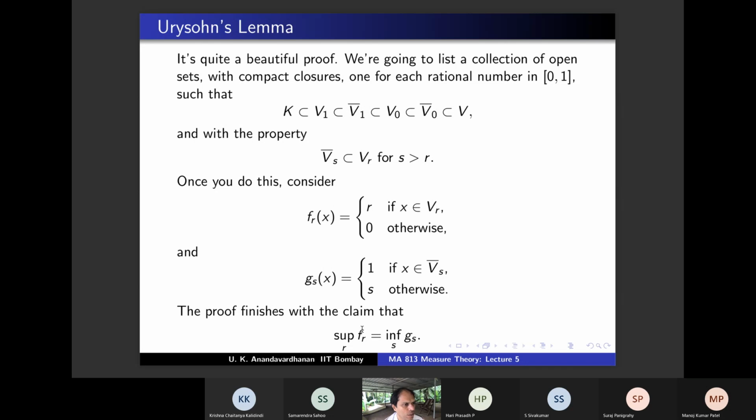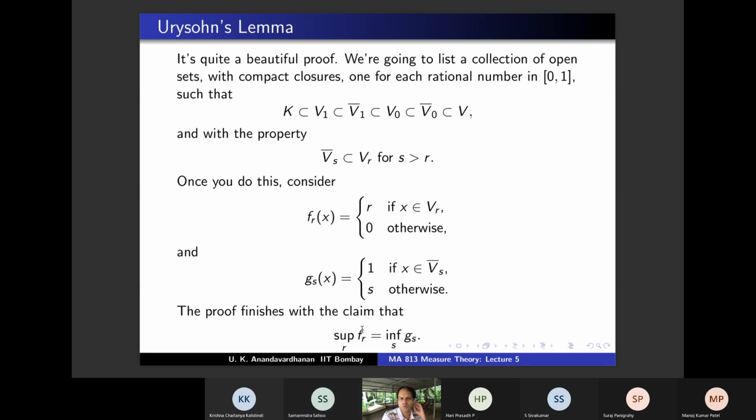That may not be true, right? Only a finite union you can claim, no? Okay. So further, if we argue with infimum GS, also no hope, no?